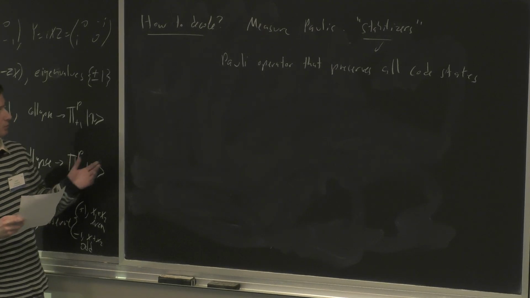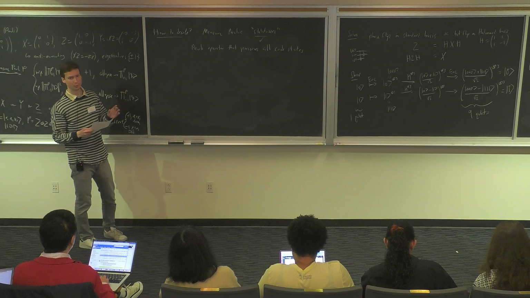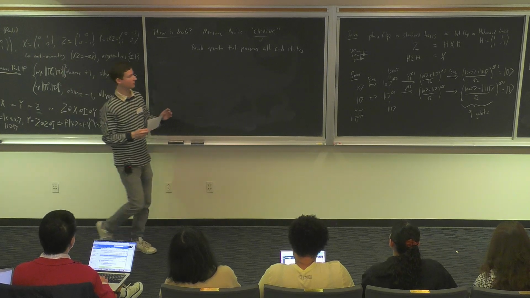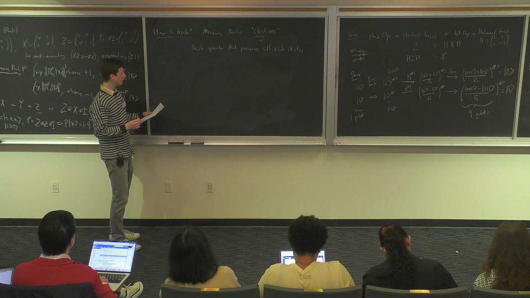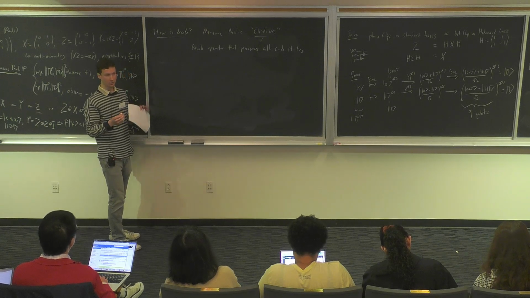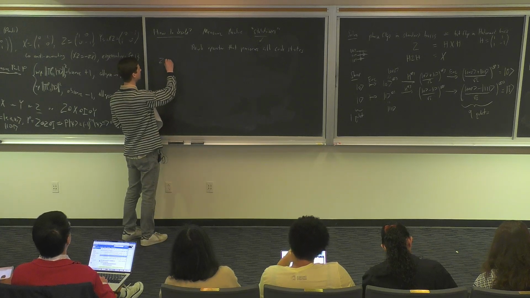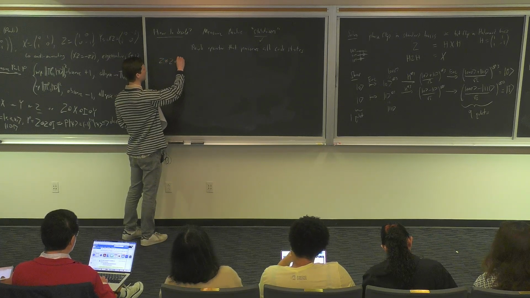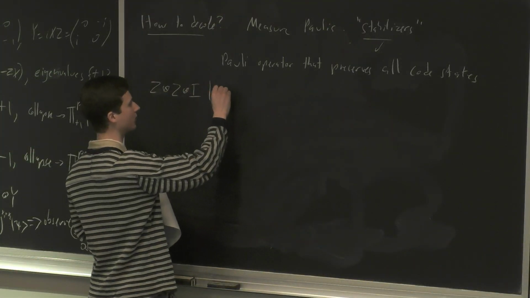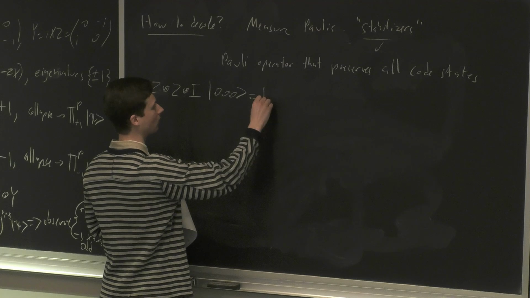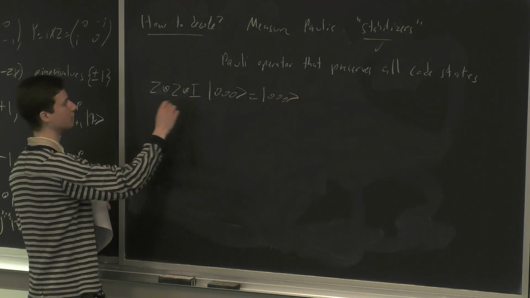So for instance, I think a few minutes ago we mentioned that Z tensor Z, Z's acting on the first two qubits, might be a good thing to detect a bit flip in the short code. And indeed, if we go to the classical repetition code, which is simpler than the short code, we can see that Z tensor Z tensor identity on the third bit, if we apply this to 0, 0, 0, we get back 0, 0, 0, because Z does nothing on zeros.